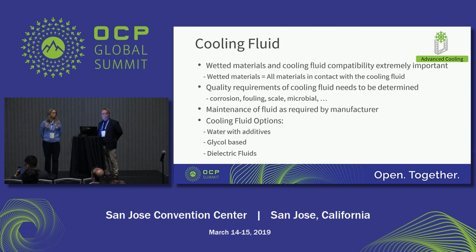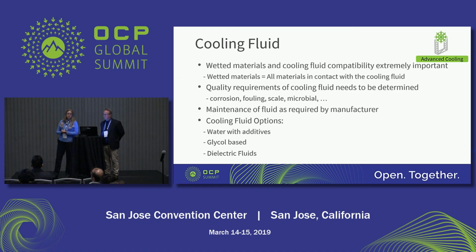So the wetted materials and cooling fluid compatibility is, of course, extremely important. You want to make sure that you do have material compatibility with all the different ingredients that you're going to use. And also here to define the wetted materials. So wetted materials are all the materials that come into contact with the cooling fluid.